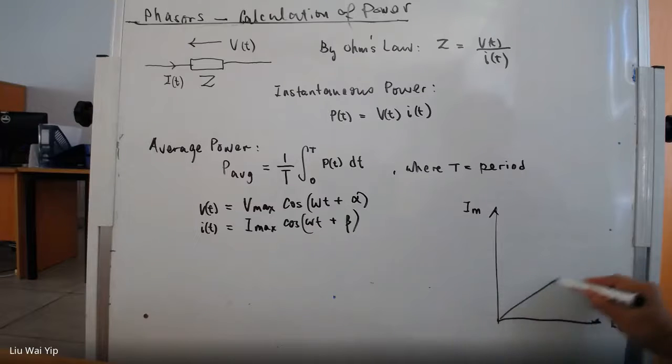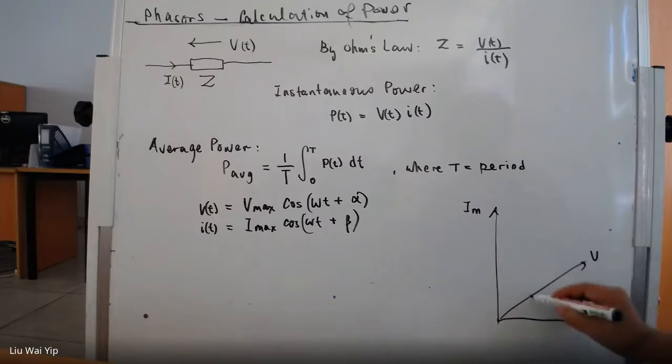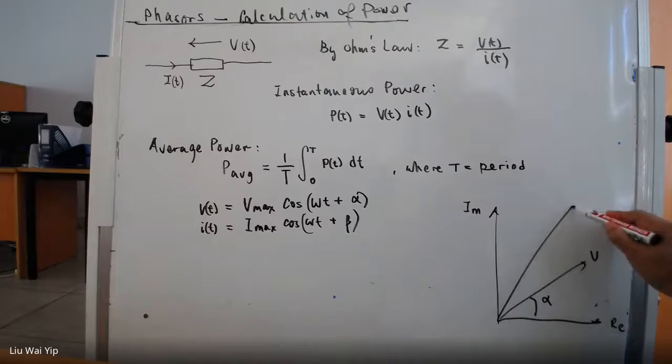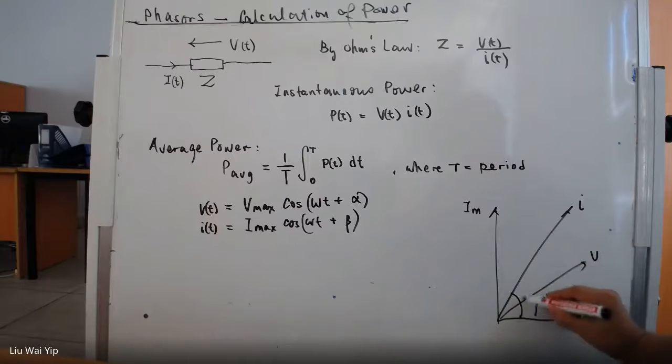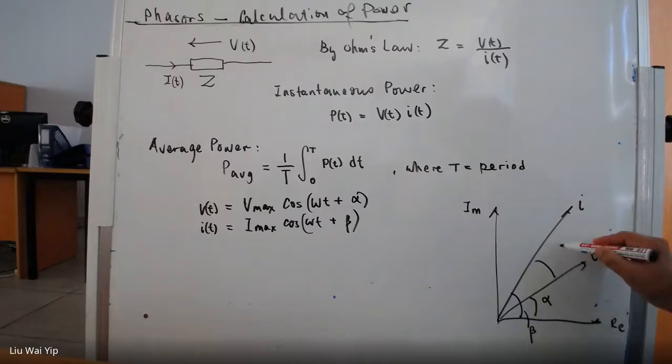So you will expect V to be at some angle, and this angle here is alpha, and the current here may be like this, with angle beta. So the phase difference here will be alpha minus beta.